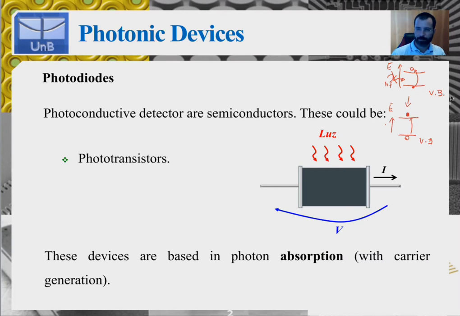So the process of absorption is directly related to the process of carrier generation, because at the end of this process we've generated an electron in the conduction band, which can be used to conduct electricity, and also a hole in the valence band, which can also be used to conduct electricity.